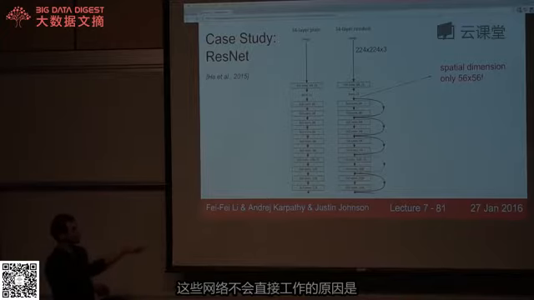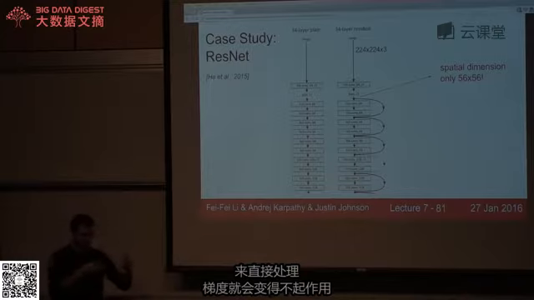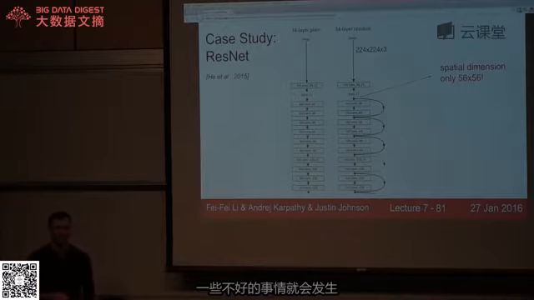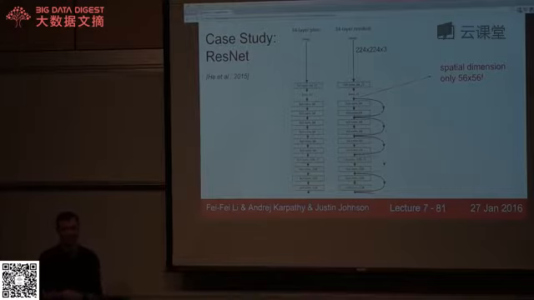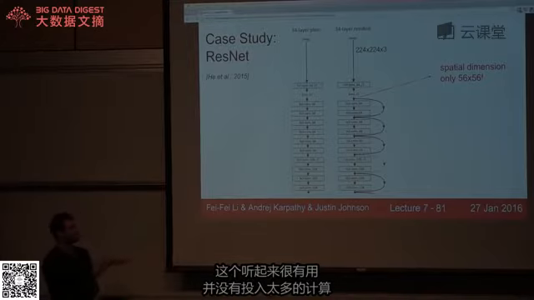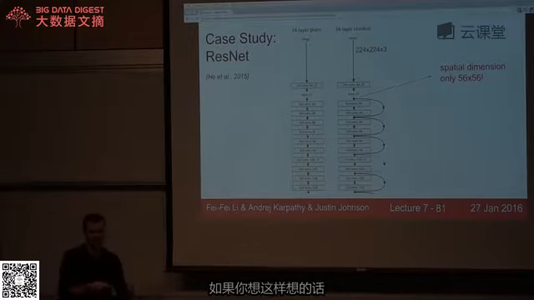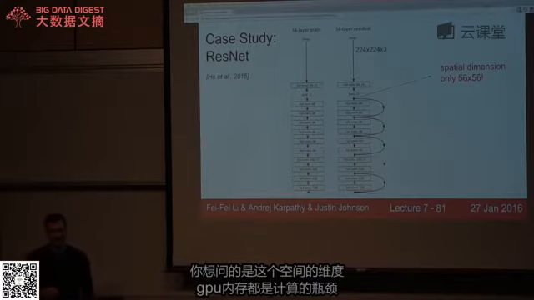And the reason that these networks intuitively maybe don't work is because you're making them go through all these intermediate processing steps, and the gradient signal just gets lost or diffused or something weird happens. Not 100% sure. So that seems like a nice property to have: not to put in too much compute, but to put in lots of compute as an optional compute. This compute can come in later during the optimization process, if you want to think about it that way.